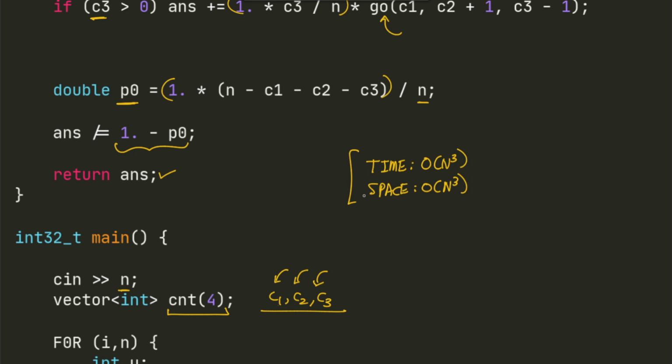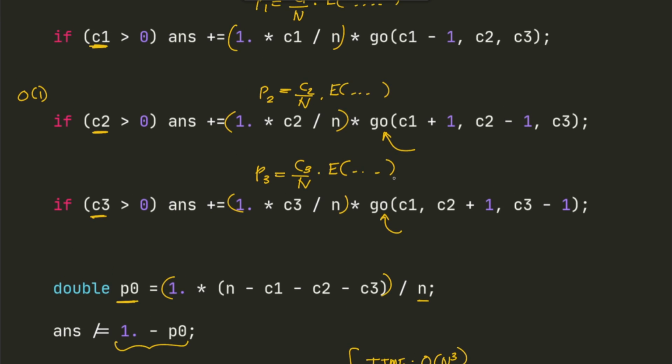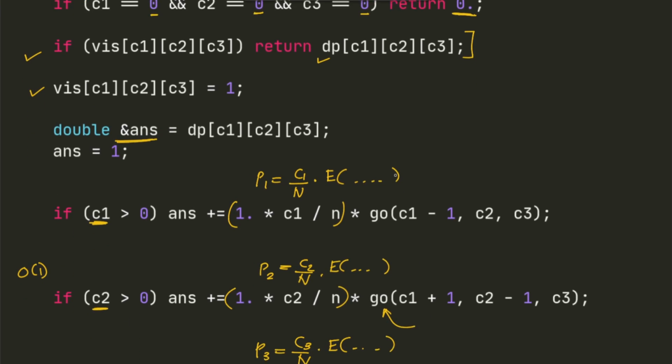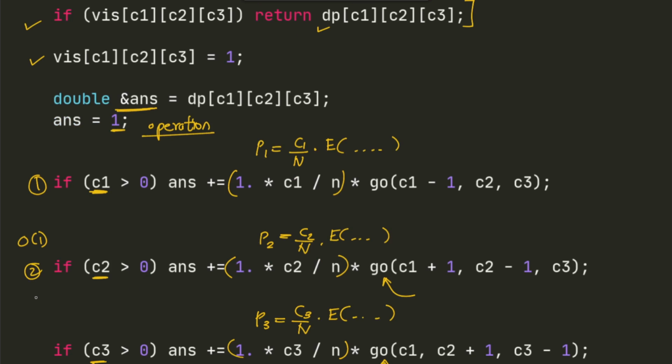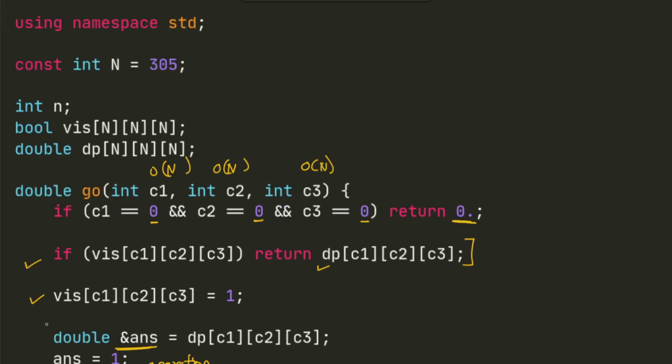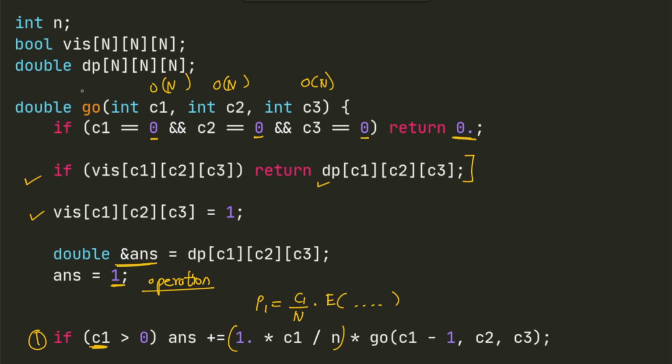Yep, that's it about this. And notice that the answer is initialized with 1, and after that we are adding these terms. This one denotes that there is one operation that will be performed. That operation is one of these choices, right? And we need to consider that as well, because essentially we are saying that this is the expected value of the number of operations.